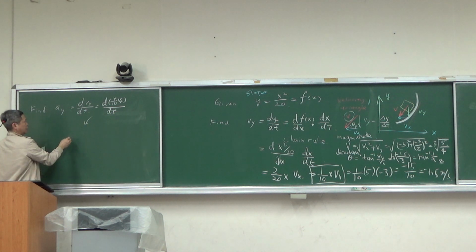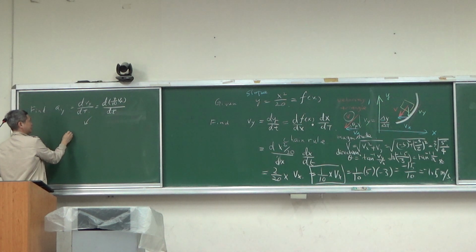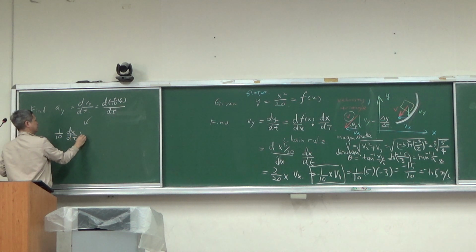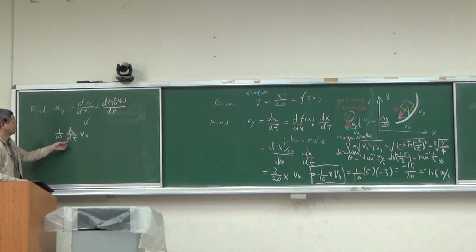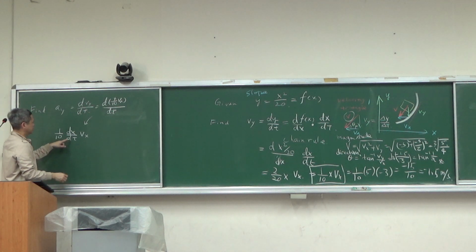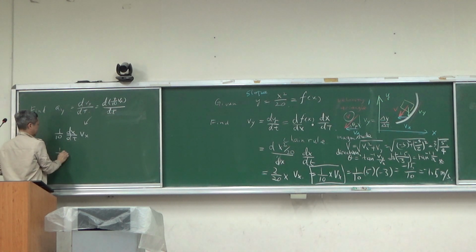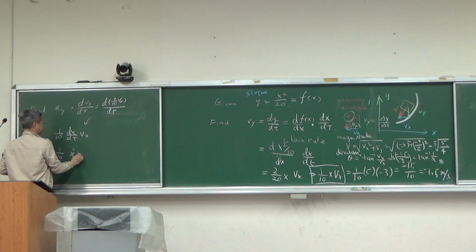If you do differentiations, then straight away you have dx/dt, 1/10 dx. So this one needs no chain rule because straight away you get 1/10 x dot times dx.